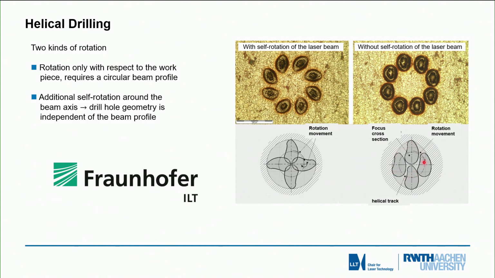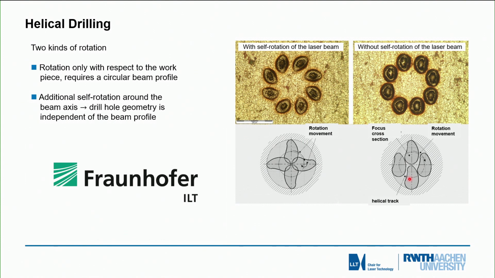As a consequence, as you see in this schematic down here, if the laser is not really perfectly round in intensity distribution, we will have different parts of the laser, so to say, touch the edge of the drill, and we might get differences in performance.